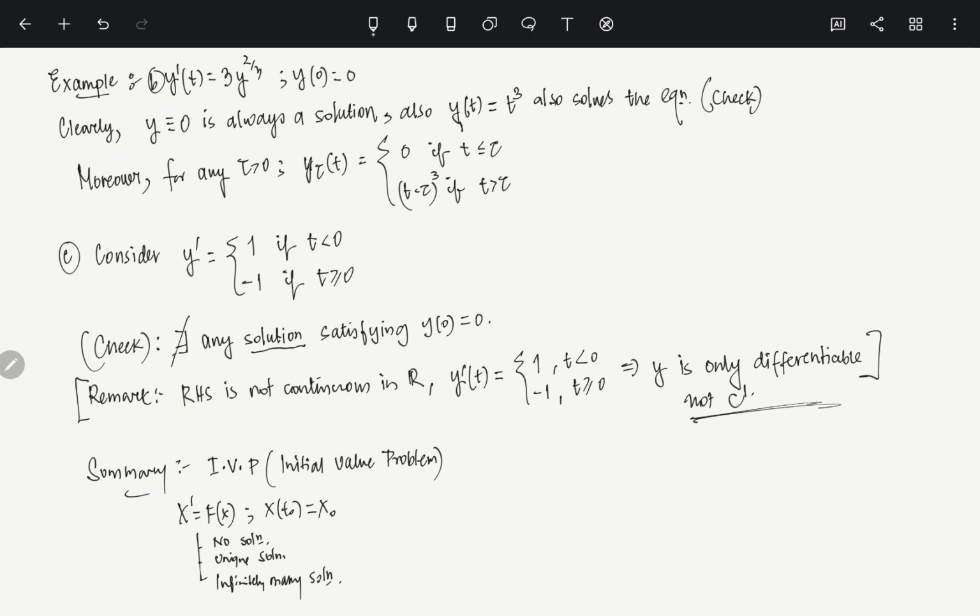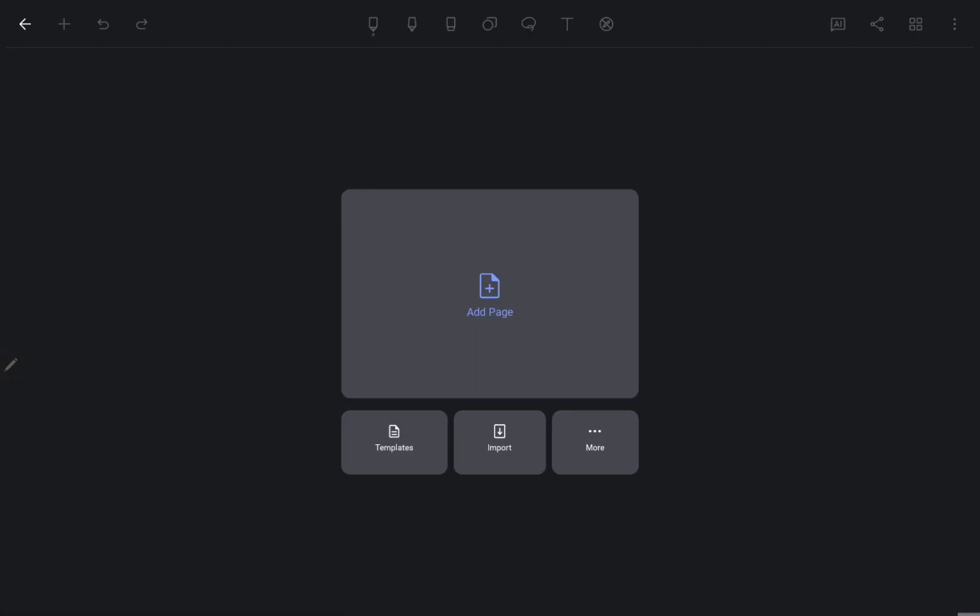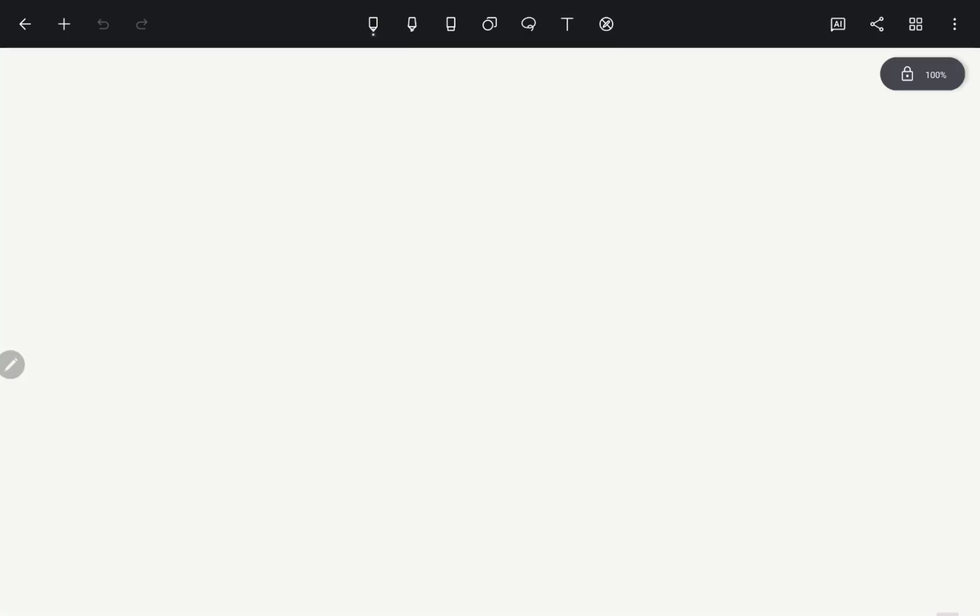So what is the guarantee that if I give you any problem, you can say that the equation has a solution, and whether the solution is unique or not? That is the theorem which you are going to do.